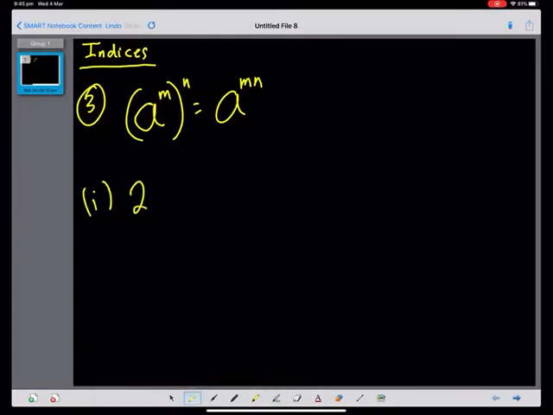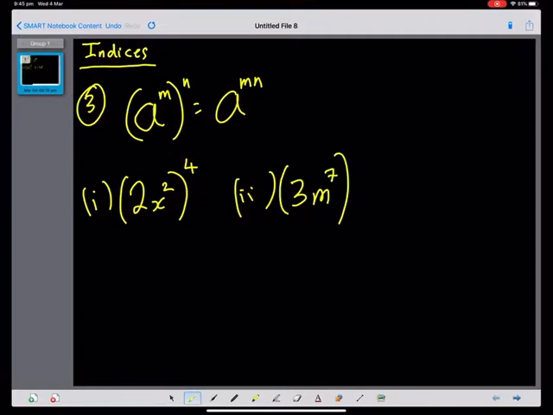Let's do 2x squared to the 4. Let's do 3m to the 7 to the 4.